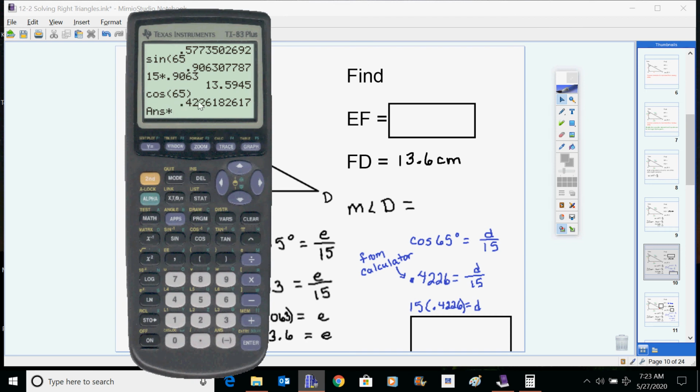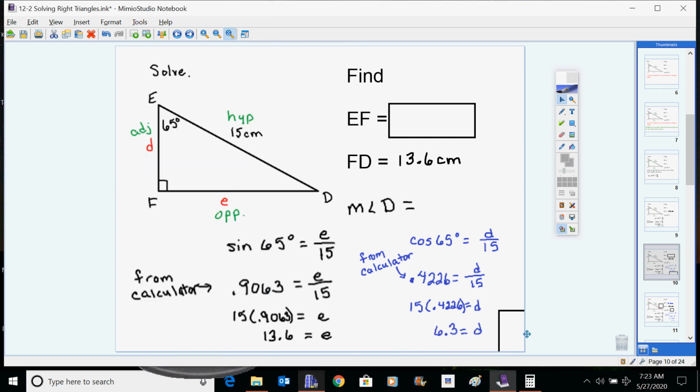It takes the answer that you just got and multiplies by whatever you put in. So this is the same as taking 0.4226 times 15 without having to put those things all in again, and you get 6.3 if we round it to the 10th place.